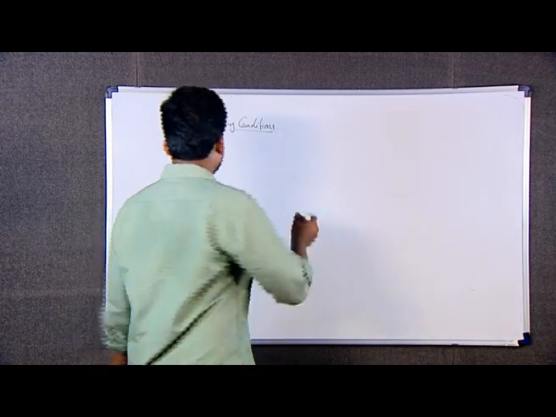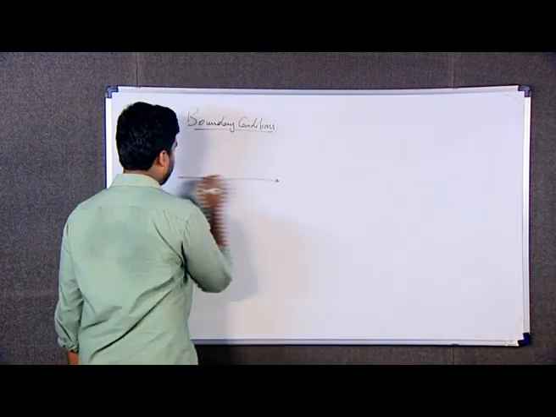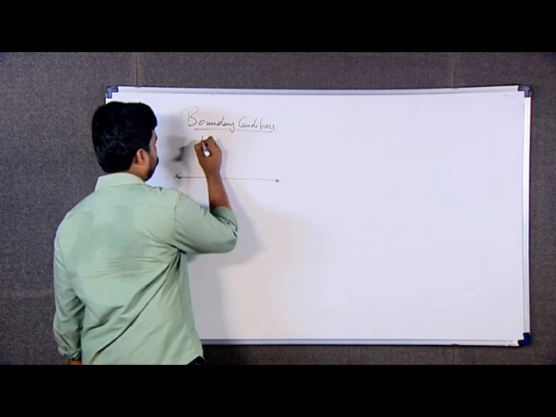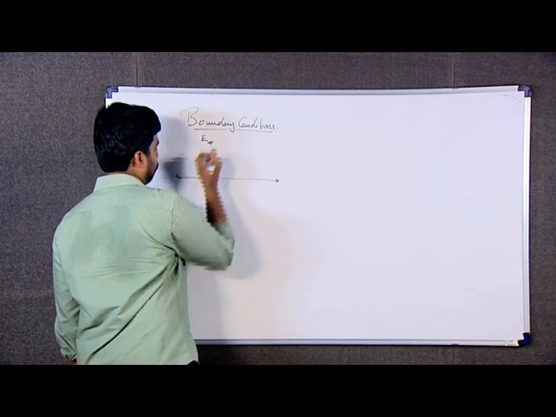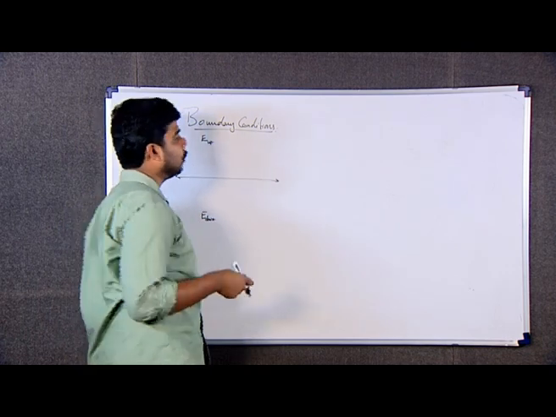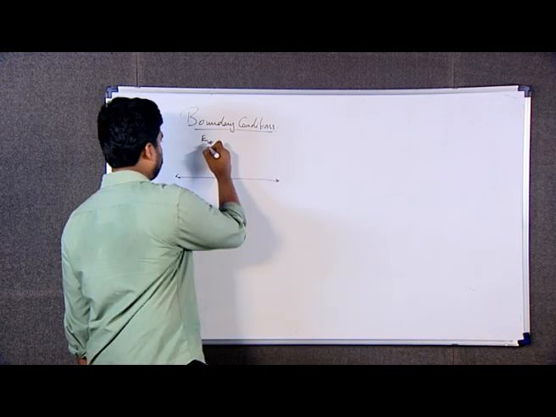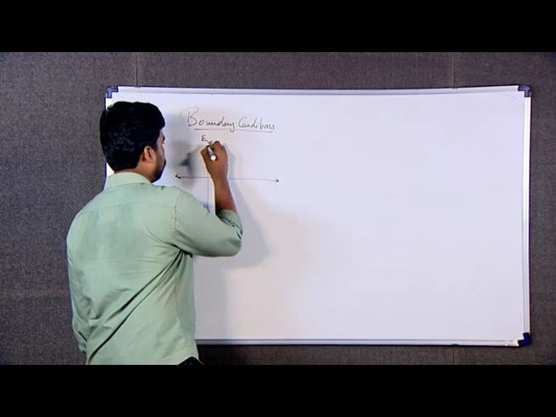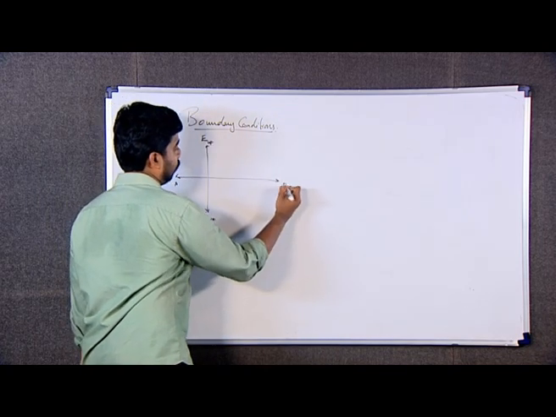So, this is the boundary, and we want to find the electric field in the upper part and the electric field in the lower part of this boundary. This AB represents the boundary.